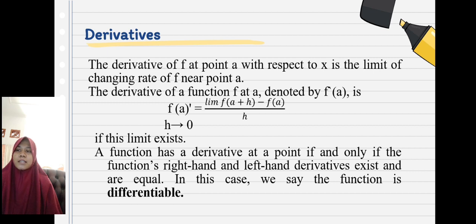A function has a derivative at a point if and only if the right-hand and left-hand derivatives exist and are equal. In this case, we say the function is differentiable.